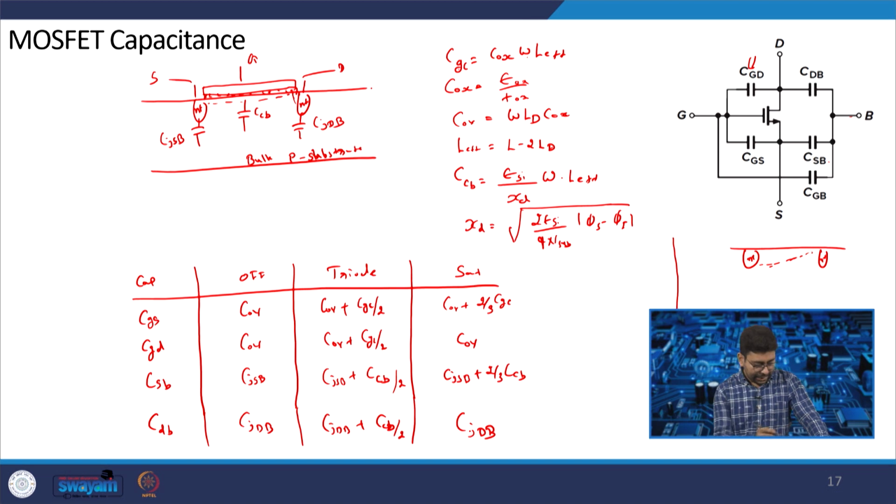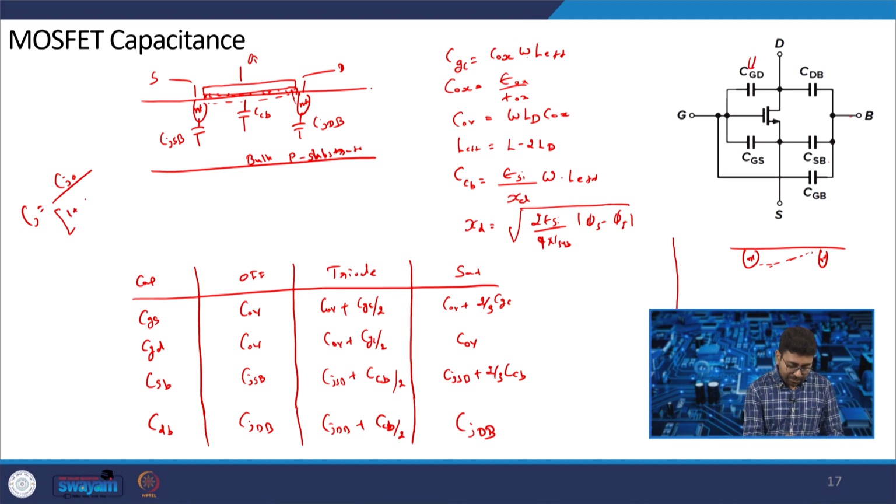And this junction capacitance is a well known capacitance. I will just write the basic equation of junction capacitance. If you are interested in understanding in more detail how all these equations and capacitances come about, you can refer to any semiconductor device book, or to the lecture on semiconductor devices.